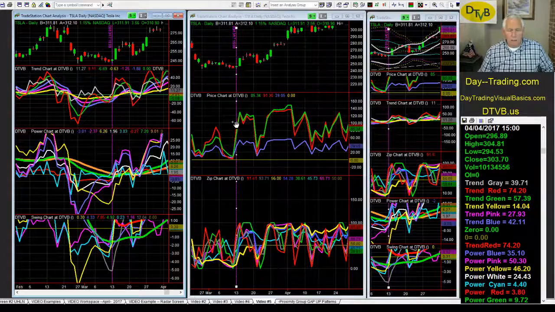We had a small green candle on this day, and when that happens, then the next day oftentimes there's a bigger green candle. The low angle down on the zip gray would tell you that the two yellow lines, power yellow and zip yellow, have started the uptrend, and often the first or the second day is the strongest movement.